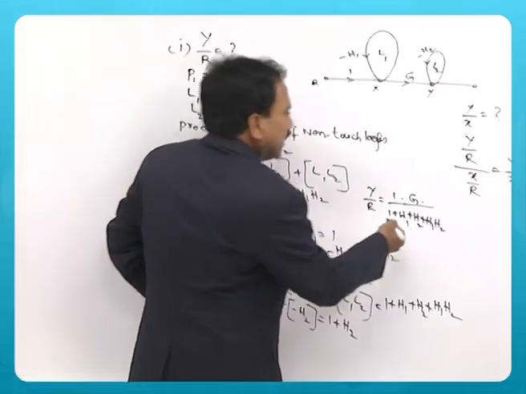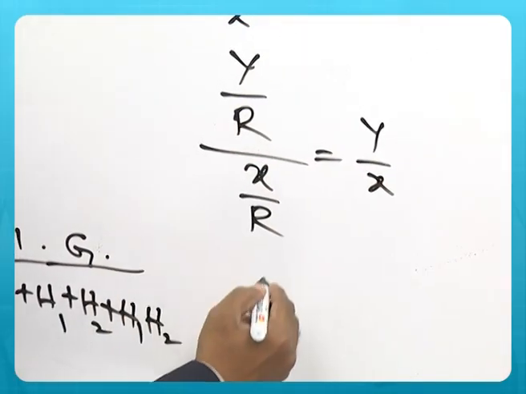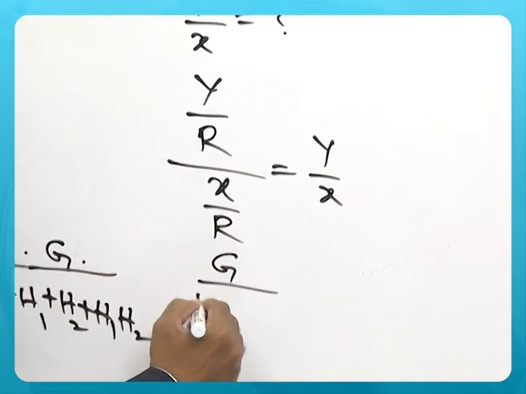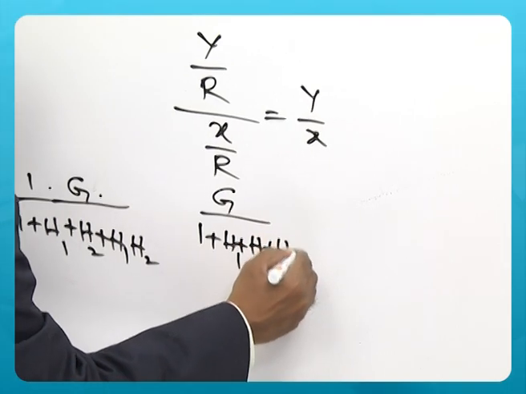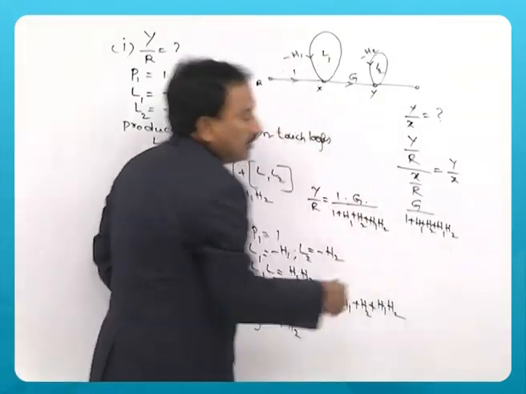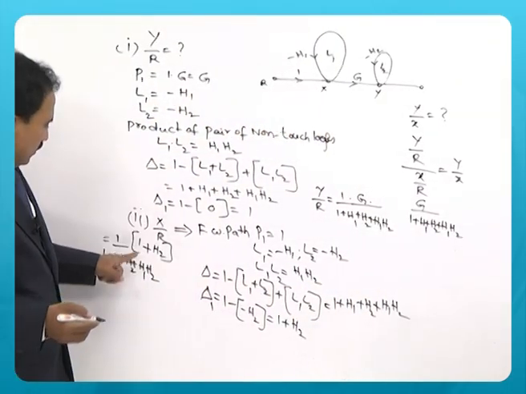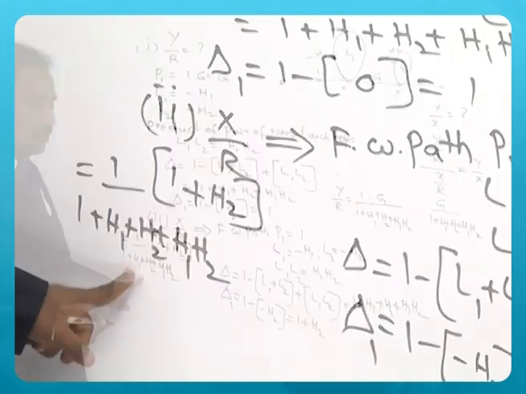So you get y by r as g by 1 plus H1 plus H2 plus H1 H2, divided by x by r, which is 1 plus H2 over the same denominator.